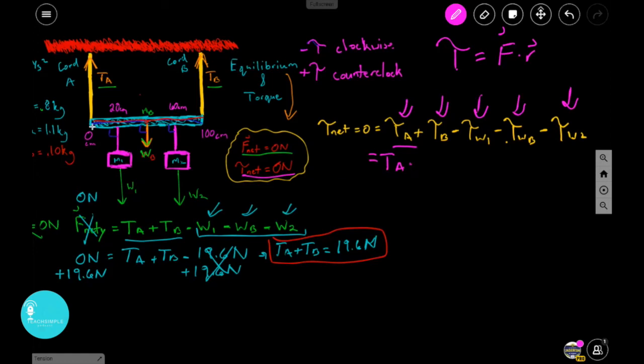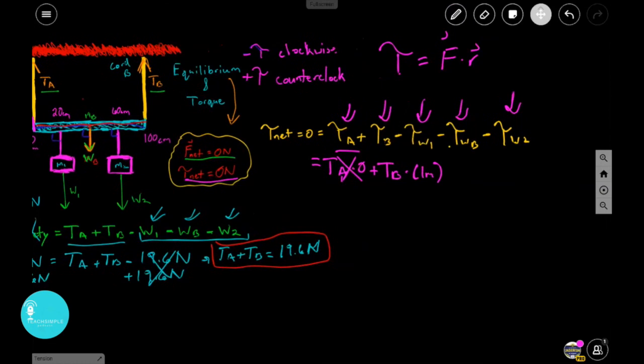Well, the radius at this point is actually 0 because it doesn't extend out, it goes straight up. So therefore, this is going to be 0. So there's no torque at TA. Plus, we have the tension B, because that's the force, times the radius. The radius is 100 centimeters, and in SI units, that is 1 meter. All right, so we got that one down.